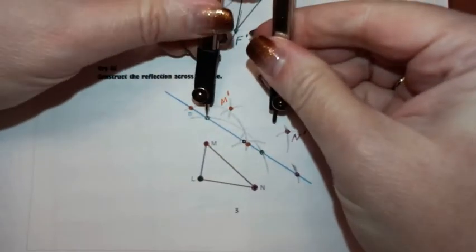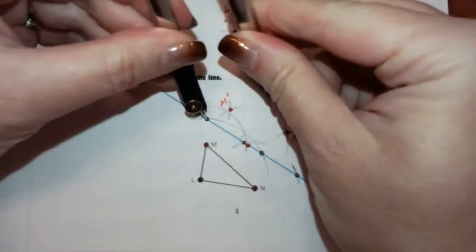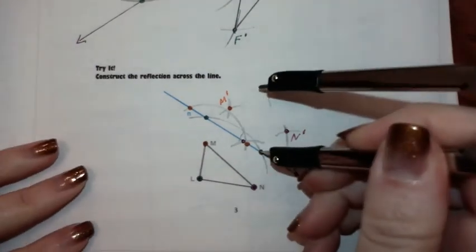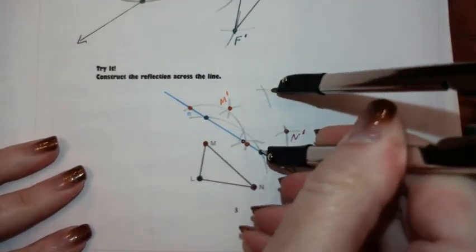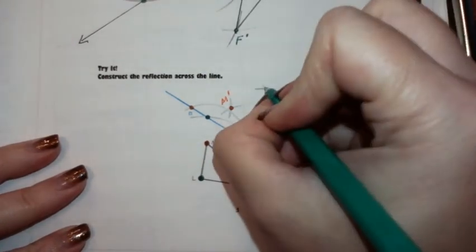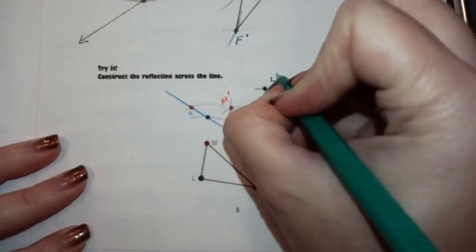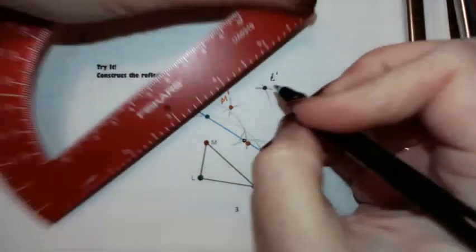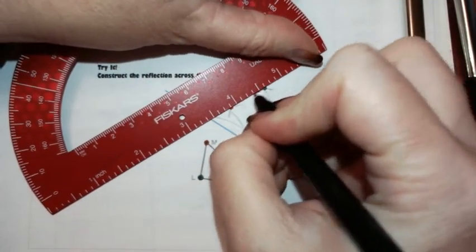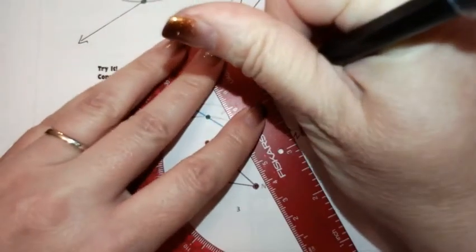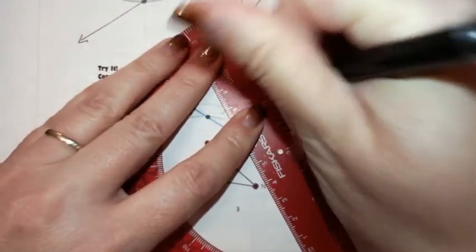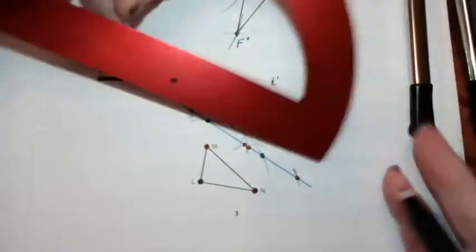Then compass point here, turn it around, keeping it the same. Compass point here. And this is L prime. And then I can just connect those new points right there.